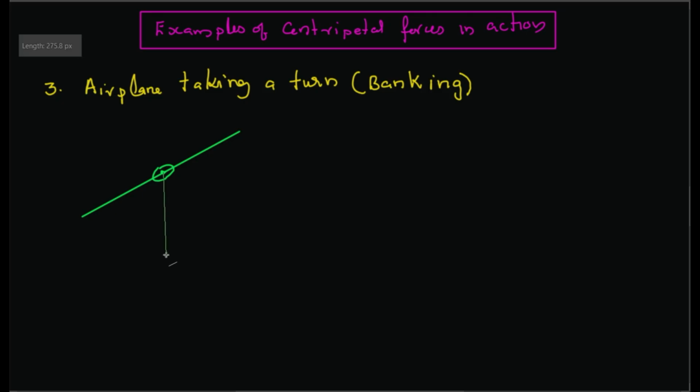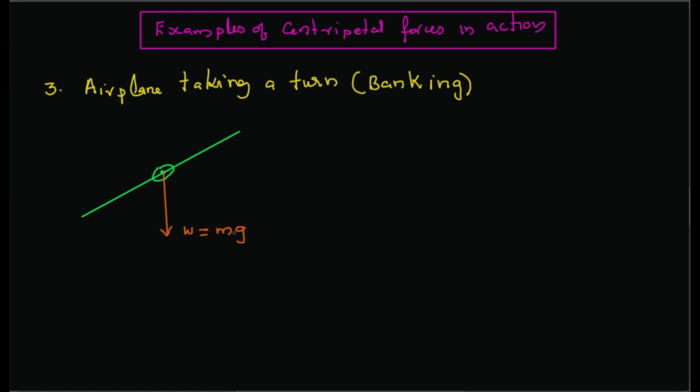It should be perfectly vertical. W equals mg. This is the weight of the airplane acting downward.